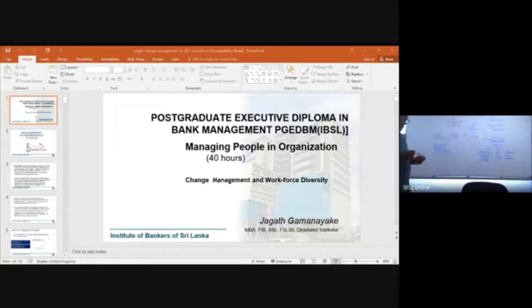I think we better have the first method, why people are resistant to change due to these three factors, right? Resistance to change due to psychological and economic factors explains the same thing, but this is a more explanatory version.